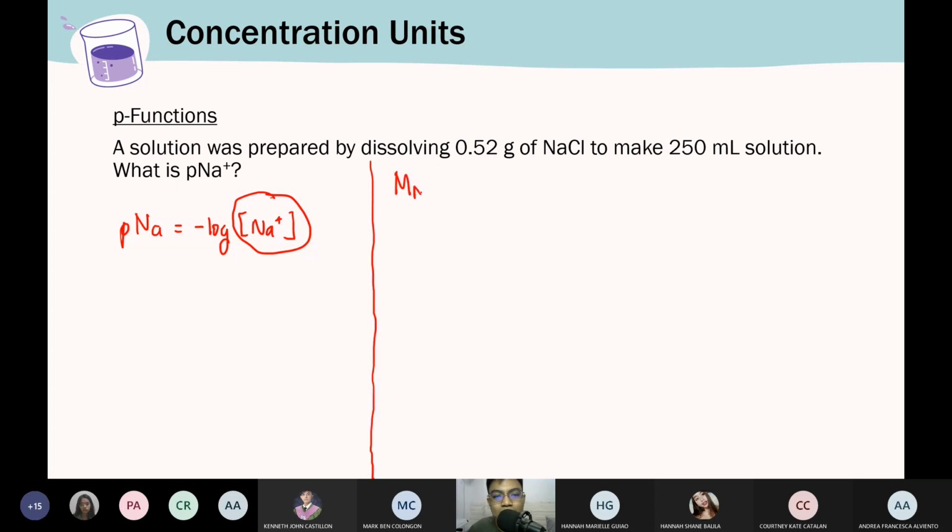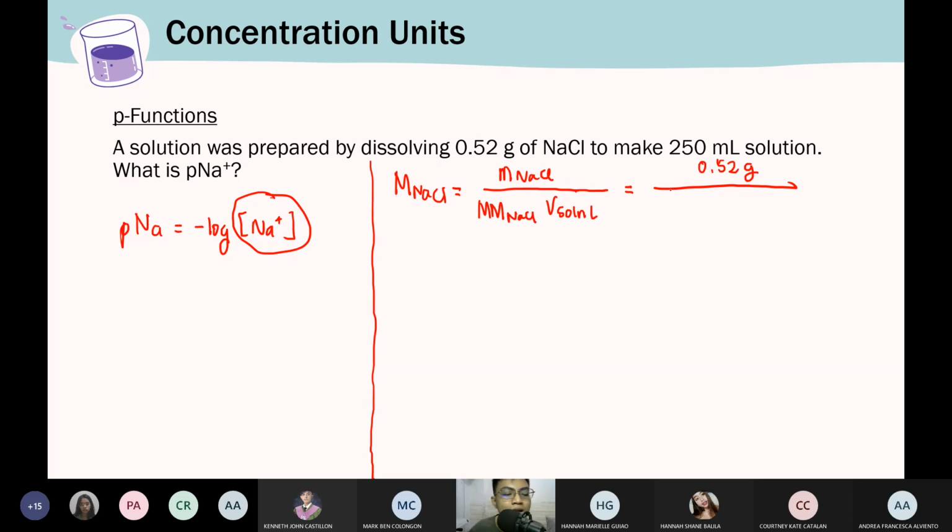Okay, so the molarity of NaCl is what is given to us. What's the equation? Molarity equals the mass of NaCl over the molar mass of NaCl times the volume of solution in liters. The mass of NaCl is 0.52 grams.